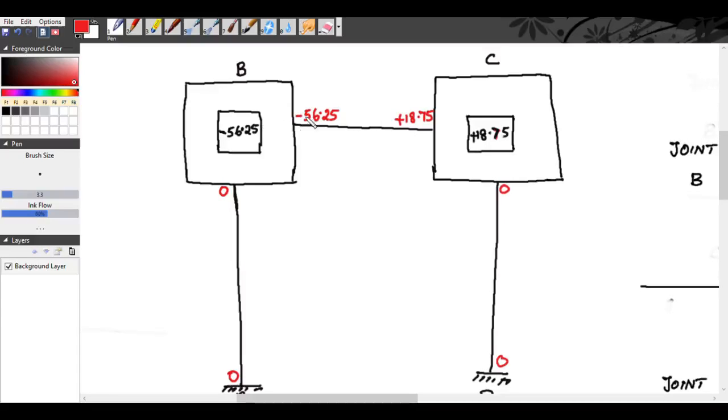Listen, that is why this is a summation of minus 56.25 plus 0, we get minus 56.25, and plus 18.75 plus 0, we get 18.75. Now we will write the rotation factor. So rotation factor we have obtained in our second step.